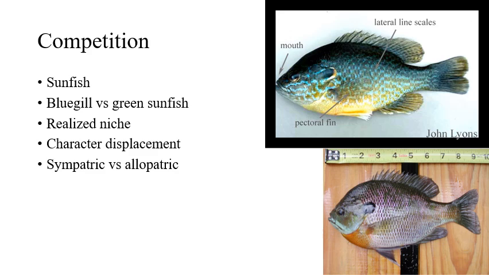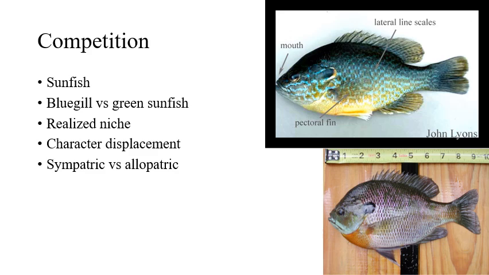They both occupy similar niches in that they both like to live in small ponds, lakes, and rivers close to the shore, and they like to eat little insects. The green sunfish is more aggressive than the bluegill. So when they're in the same niche, what happens is the green sunfish will chase the bluegill out of their area.